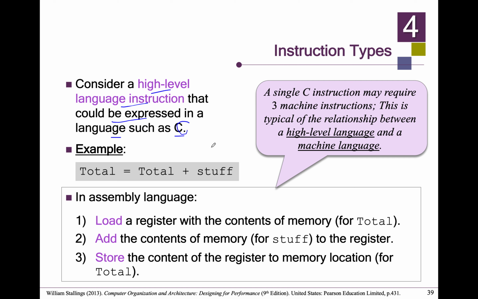You are going to do the addition process for your stuff and also your total. In terms of your C programming, this is your source code, one single line only. A single C instruction may require 3 machine instructions. This is typical of the relationship between high-level language and machine language.